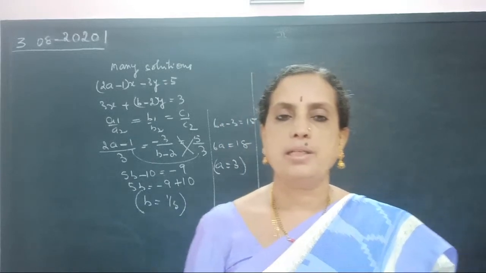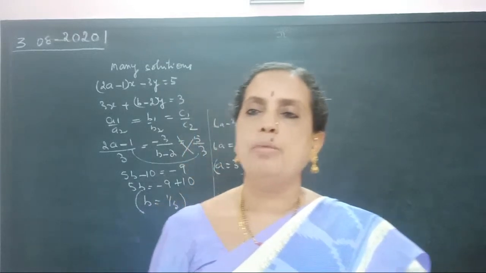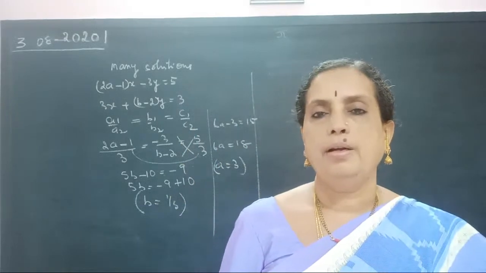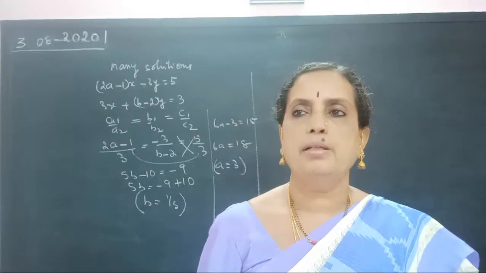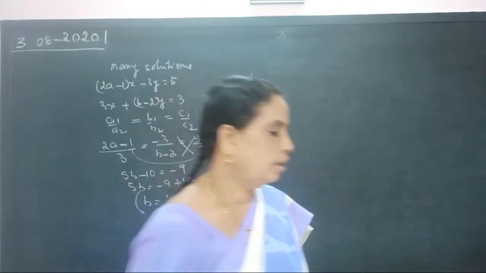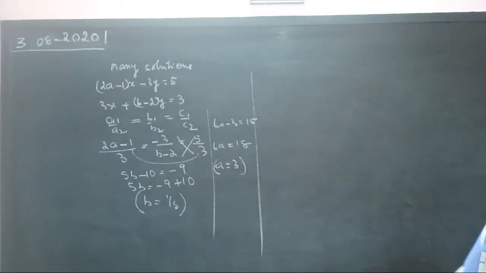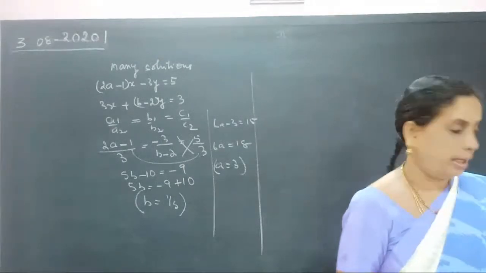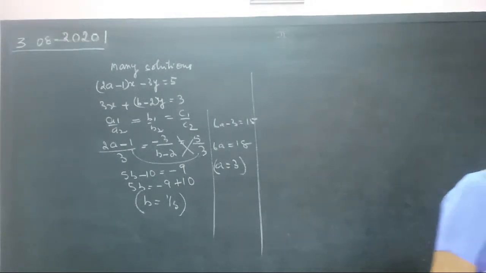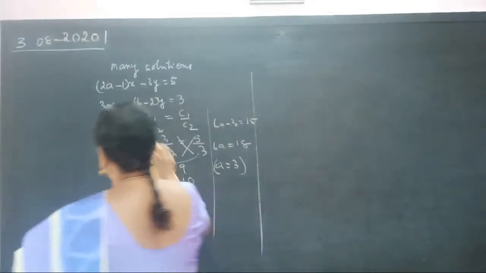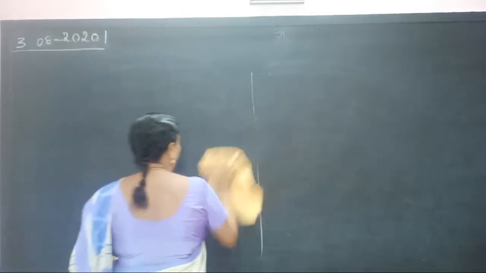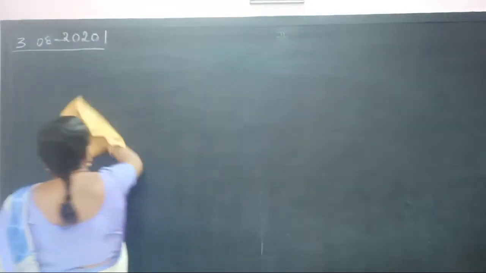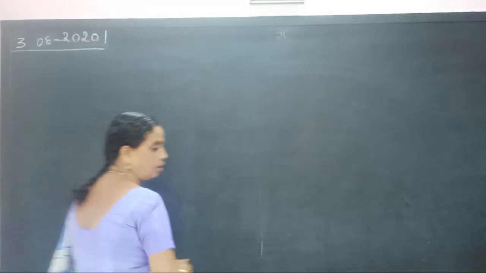Whenever it is a fraction, you should keep in mind the numerator in one variable, denominator in another variable. Start answering, keeping the conditions. Let the numerator be x, denominator be y. Therefore, the required fraction is x by y. So, you should find out the values of x and y. Simple question.